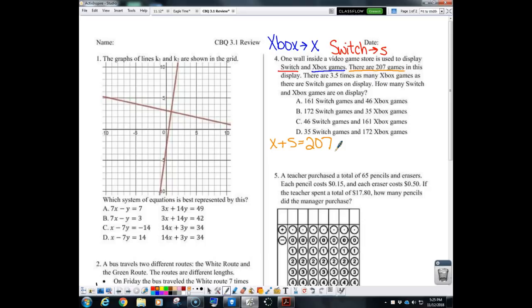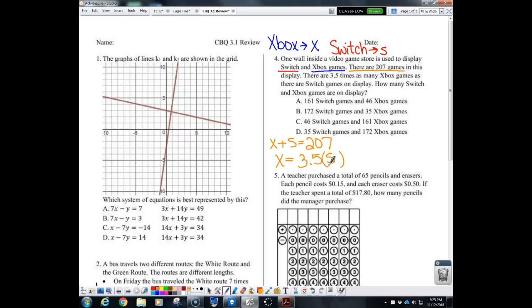So how many more? Well, there's 3.5 times as many. So what they're saying is the number of Xbox games is 3.5 times the number of Switch games. Okay? So 3.5 times the number of Switch games.